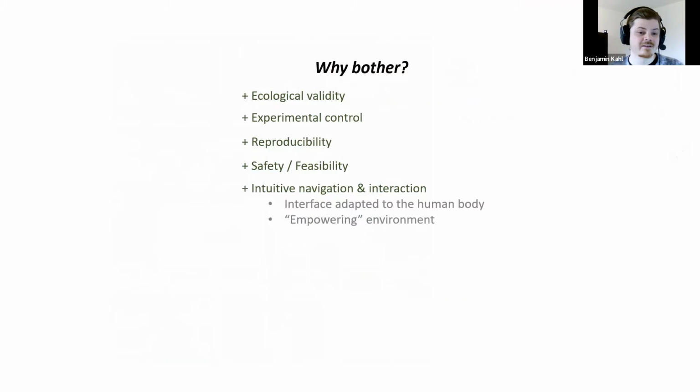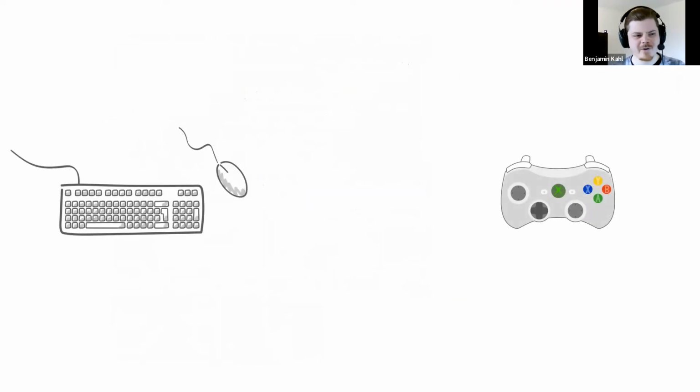Furthermore, in contrast to more traditional experiment apparatuses, navigating and interacting is more intuitive. I can speak from personal experience from some of the experiments that I've done at ARC, that there are large discrepancies in how adept people are at controlling a character on a 2D screen with a controller or a keyboard and mouse. And these discrepancies respectively affect the test results.